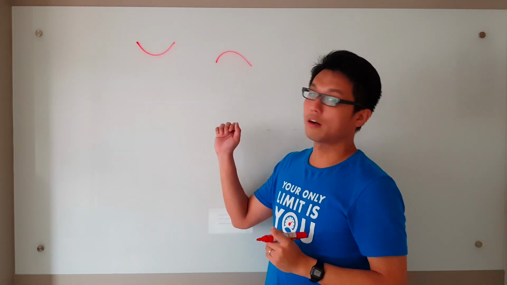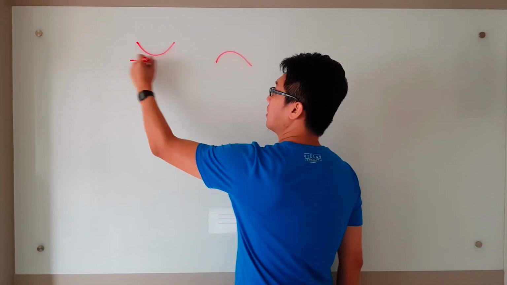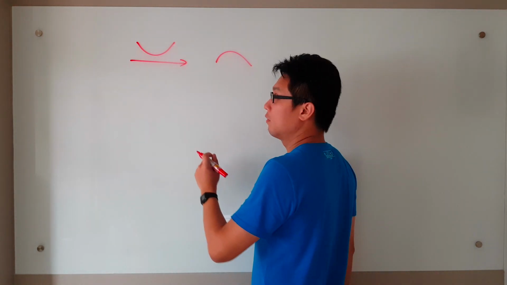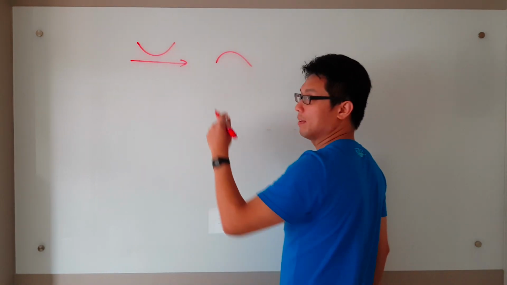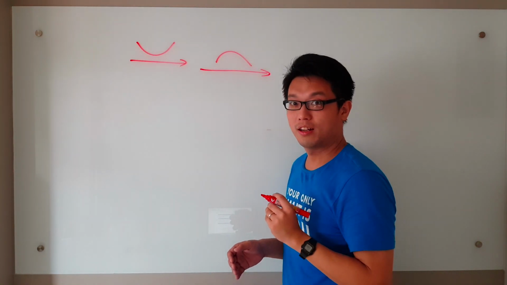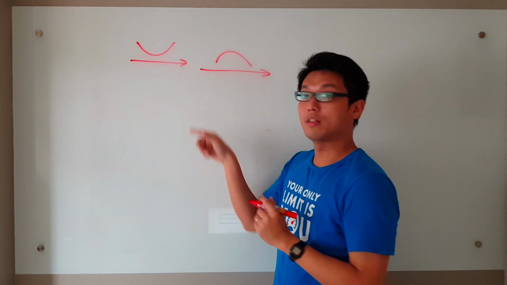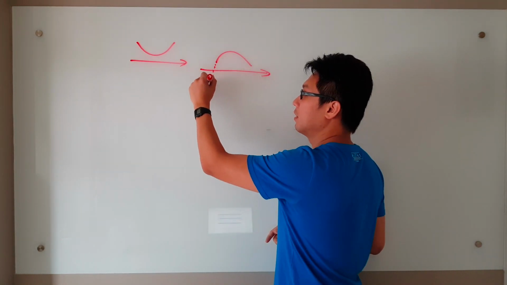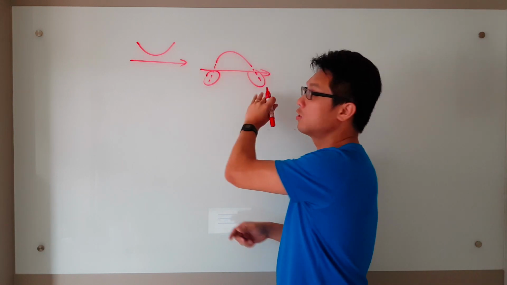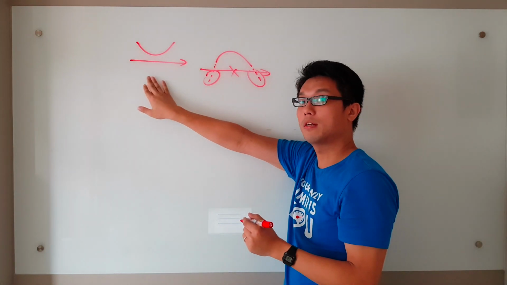For a graph to be always positive, it could look like this, whereby the x-axis is below the graph, which means it's always positive. Or it may look like this, but here's a catch: this can't ever happen because these two ends will continue to extend further and further down. So this is negative, which can't be possible at all. So we're actually looking at this type of graph.